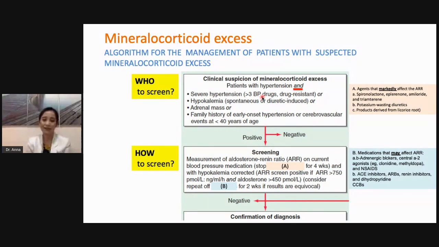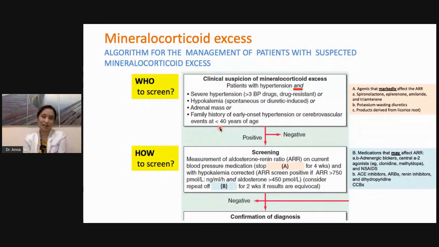So that's why it's patients with hypertension and either severe hypertension requiring more than 3 BP drugs, no, or drug resistant, no, despite having more than 3 BP drugs at maximal doses, they would still have hypertension, or those with hypokalemia, either spontaneous or diuretic induced, or patients presenting with adrenal mass with hypertension, or those with a family history of early onset hypertension or cardiovascular events less than 40 years old.